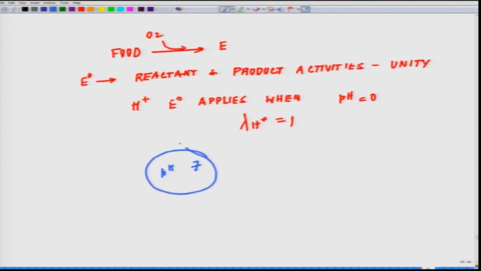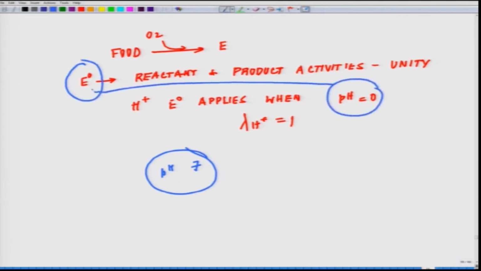So, now our basic premise of using E0 was at pH 0, which is perfectly fine and where everything was unity, but we cannot directly transfer it to biological systems, because we are dealing with a pH 7 situation. Okay.